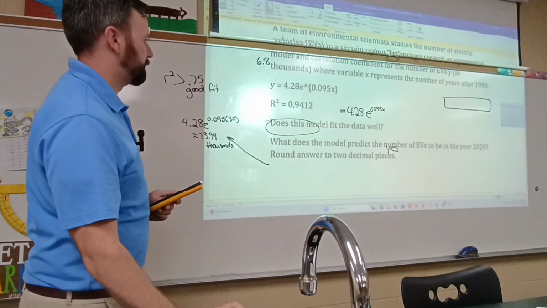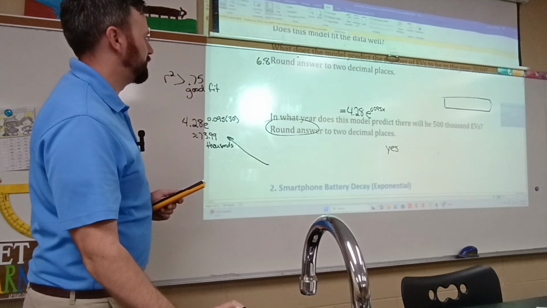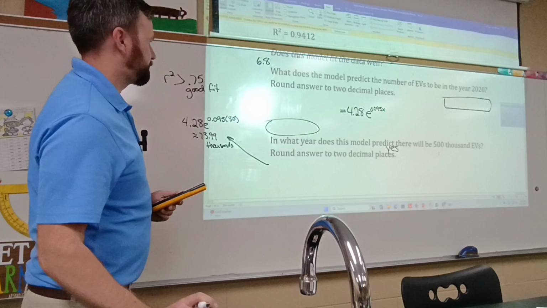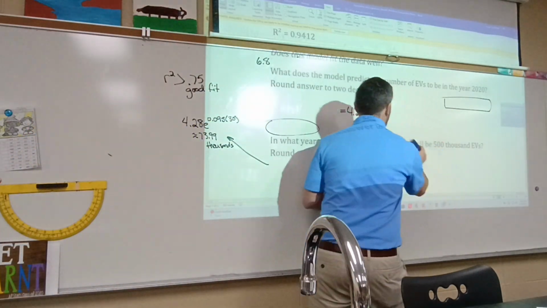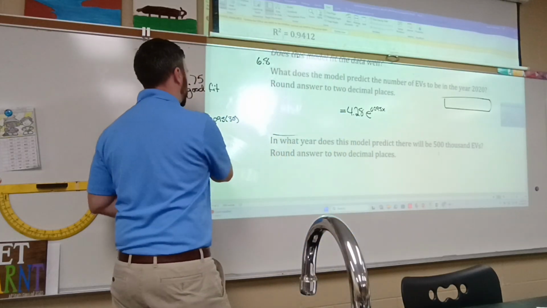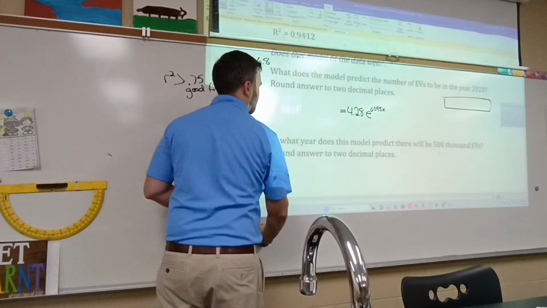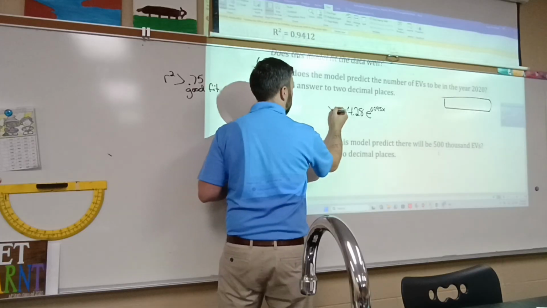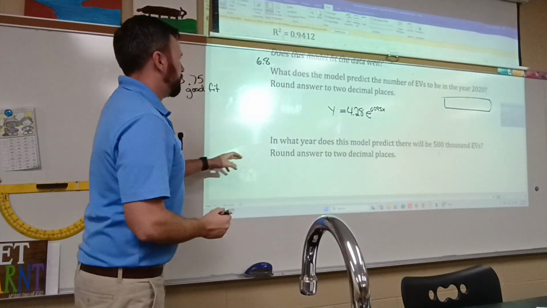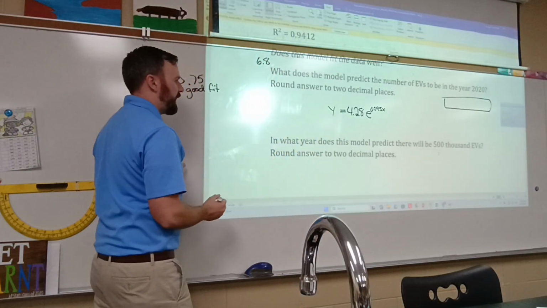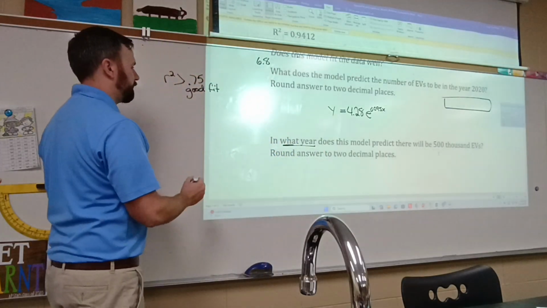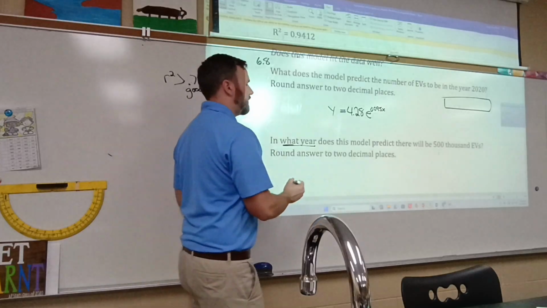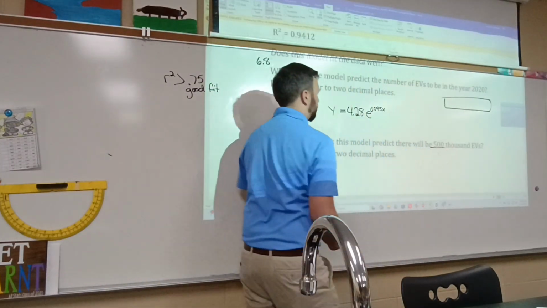Is it probably something like, oh, I guess I had space to write this. When does our model predict 500,000? All right. So here I'm looking for what year, right? I'm looking for year, and it gives me how many EVs.